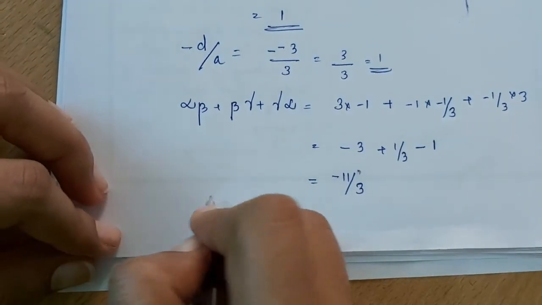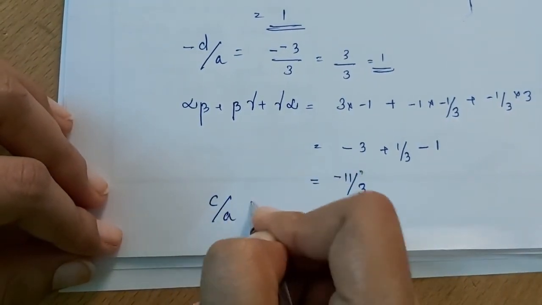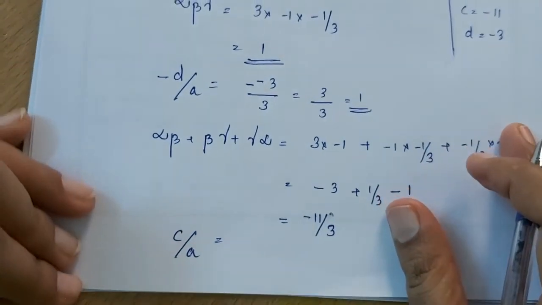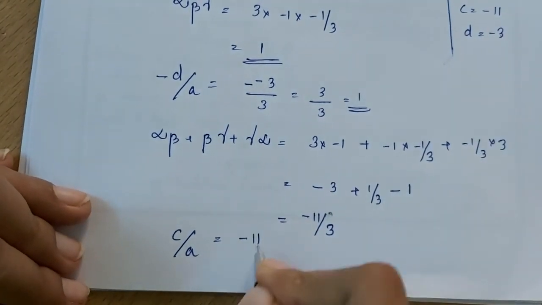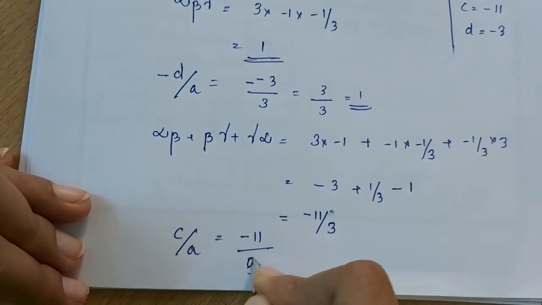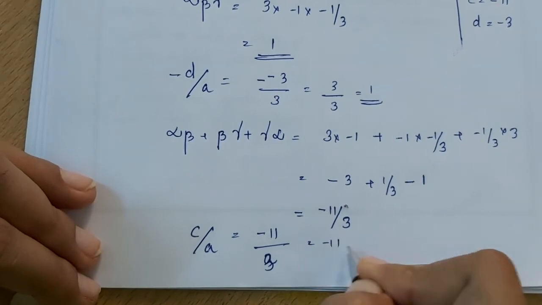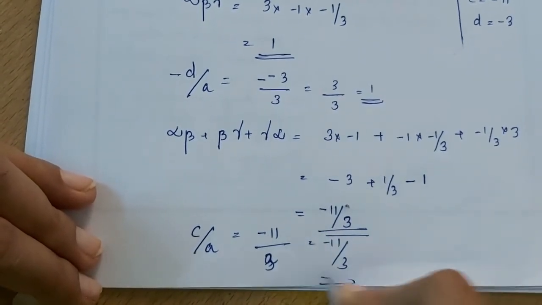What is this value? c by a, the value of c is equal to minus 11 and the value of a is equal to 3, which is equal to minus 11 by 3. So these are the same.